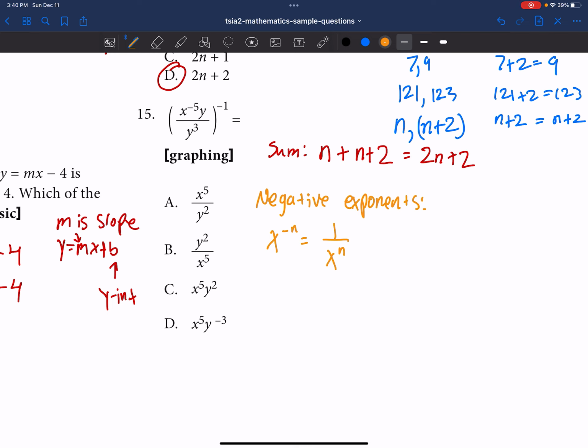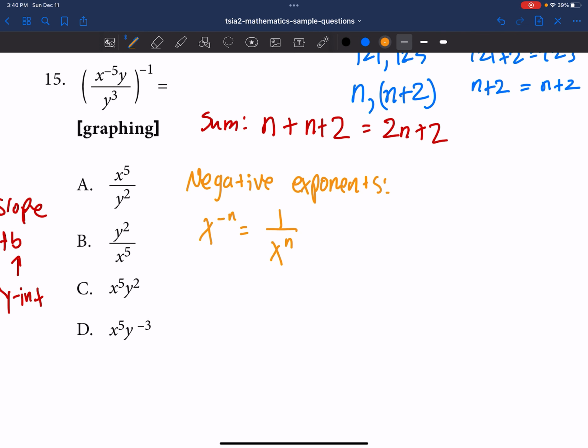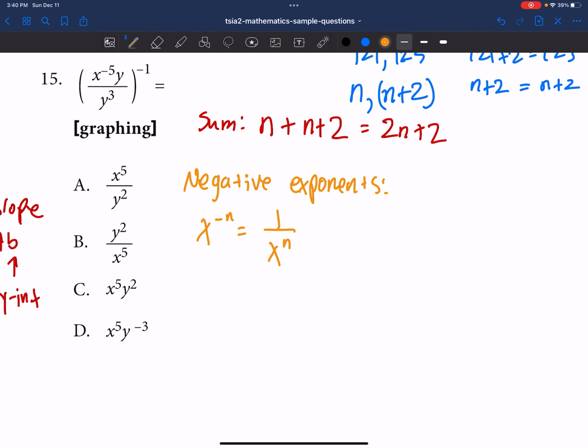And just to illustrate this concept for you, in case this is the first time you've seen this, let's say I had x to the power of 6 divided by x squared. The way you would calculate this division is you say, x to the power of 6 is x times x times x times x times x times x, and then x squared is x times x.